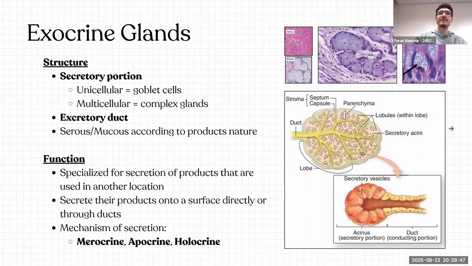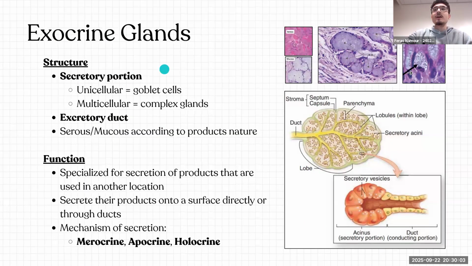When we're talking about the structure of these exocrine glands, there are two main parts. First is the secretory portion, and then obviously the excretory duct, because we're talking about exocrine glands.